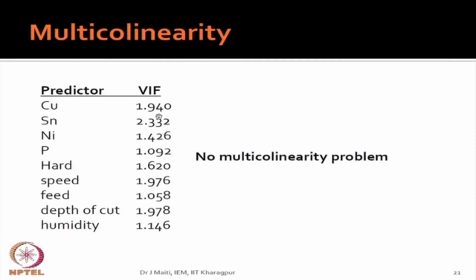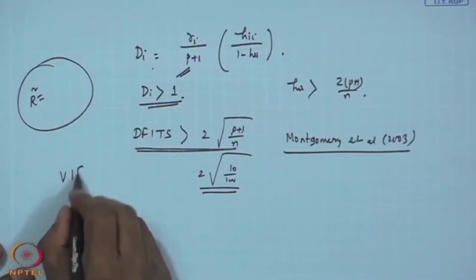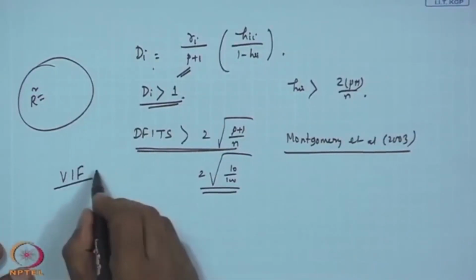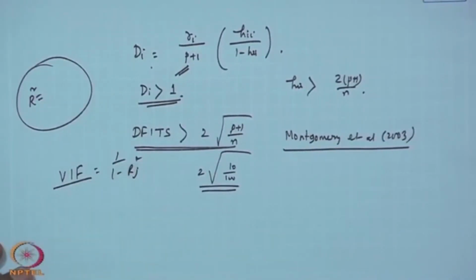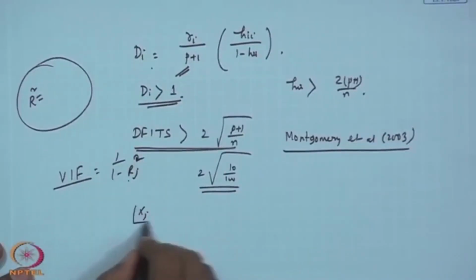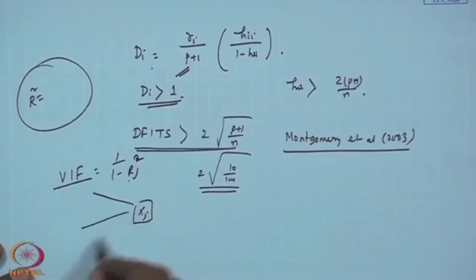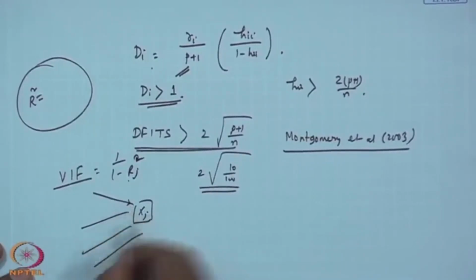Can you remember the multicollinearity measure, the VIF, variance inflation factor? This is 1 by 1 minus Rj square. Remember? Rj means we have taken this Xj as the dependent variable and all the other independent variables contributing to it, and then found the Rj square.